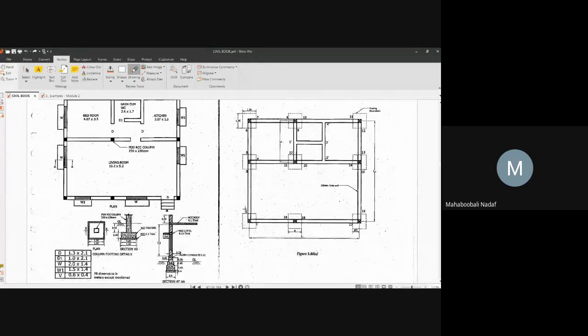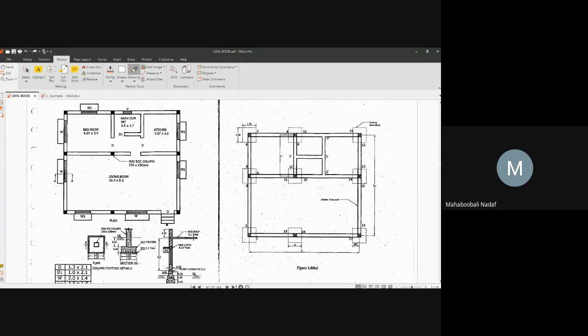Shall we take this diagram where columns and both things are there?